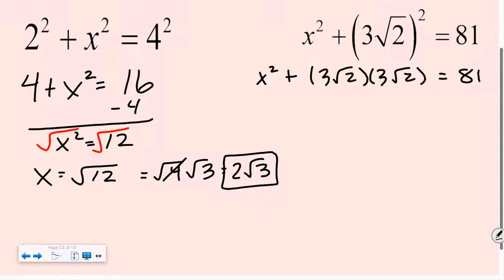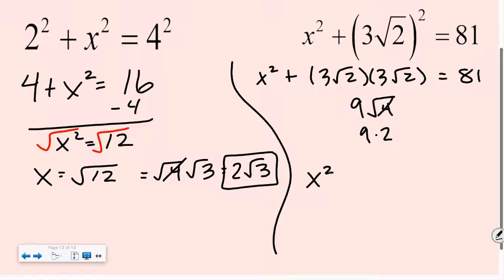My 3's are both on the outside, so I get to multiply them together. What is 3 times 3? 9. Then the 2's are both under the radical, so I get to multiply 2 times 2, and that would give me 4. So then that turns into 9 square root 4, but the square root of 4 is 2, so this is really 9 times 2, which is 18.